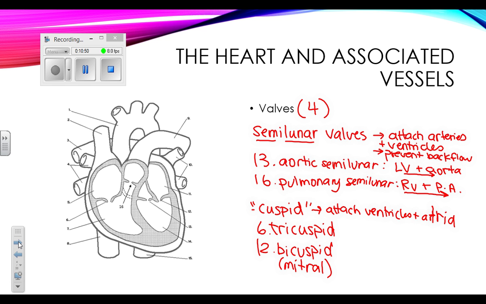The tricuspid valve is between the right atria and the right ventricle. The bicuspid valve is between left atria and left ventricle. Blood would flow from the atria to the ventricle. So this valve is going to stop blood from going backwards, just like the last type.